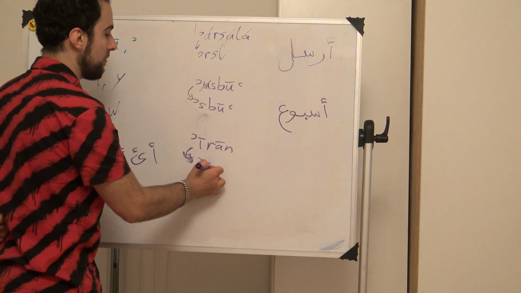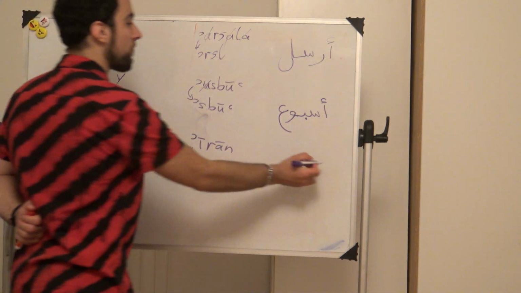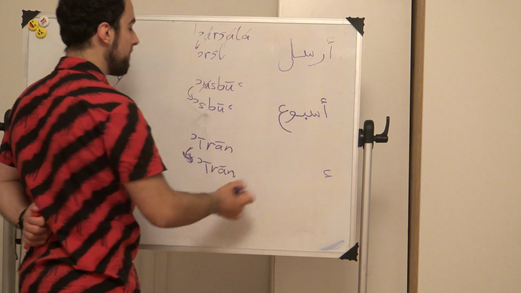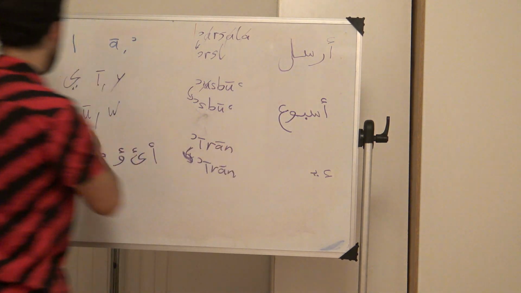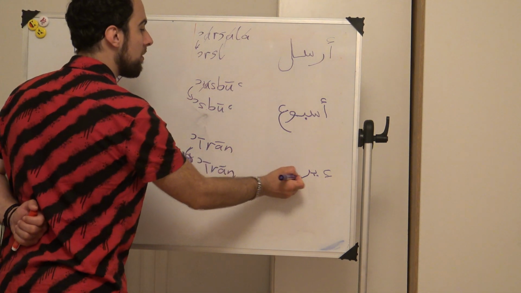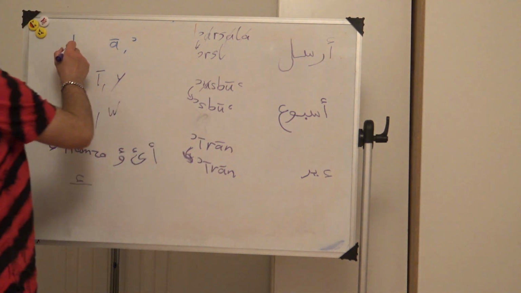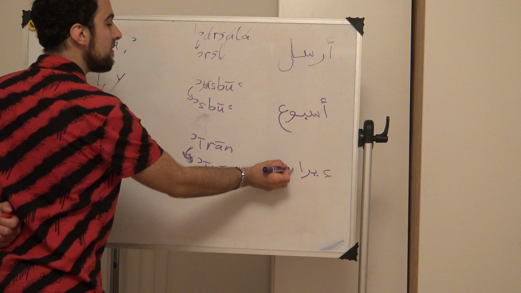But as routine, let's write it again. So the Hamza, then the long E, we take the letter yeh for the long E, then r, long a, a normal naked alif, then n.